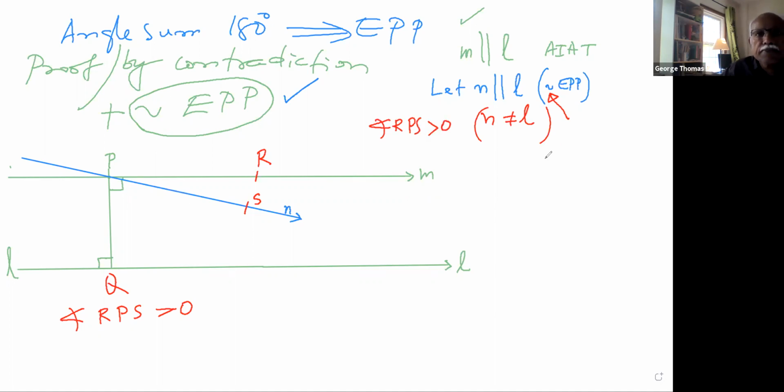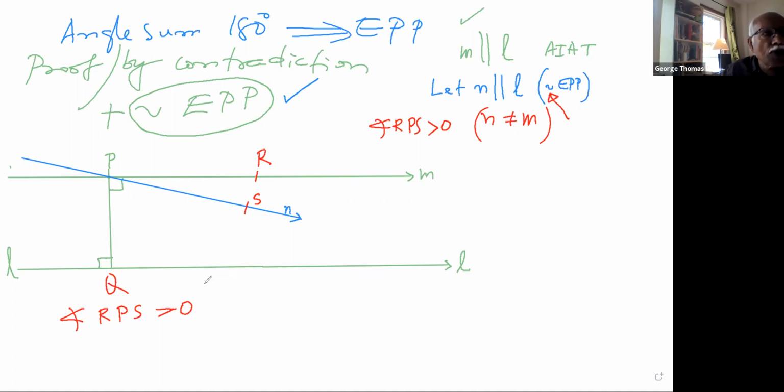Do you agree? N is not M, the other one is right too. Because N is not M, there is an angle between them. Agreed?